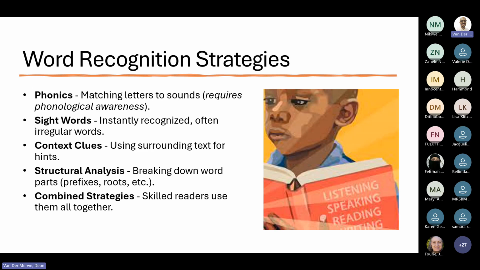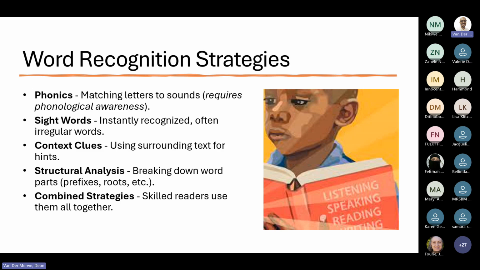Now, in terms of word recognition strategies, and Dr. Fourie spoke quite at length about these early reading skills, I'm just going to mention them quite quickly, just again to lay the premises that will lead us towards the importance of why we are assessing reading.